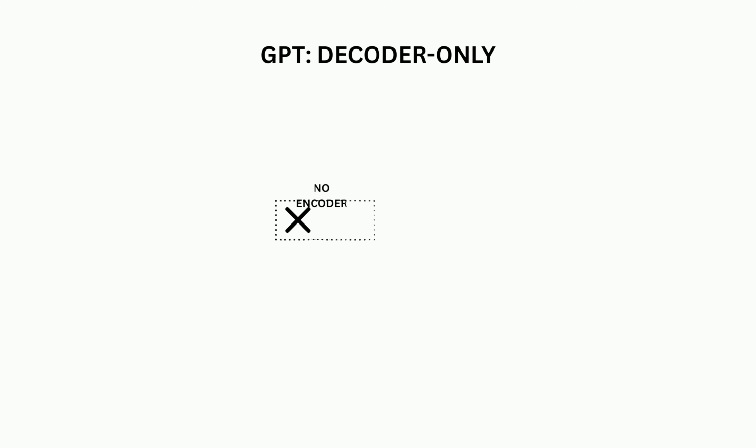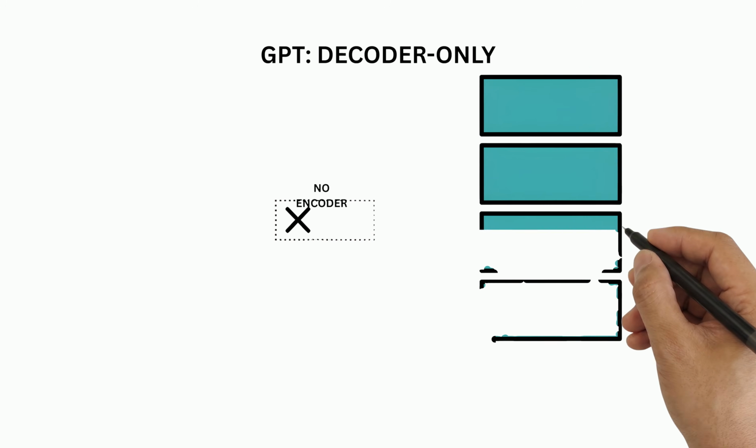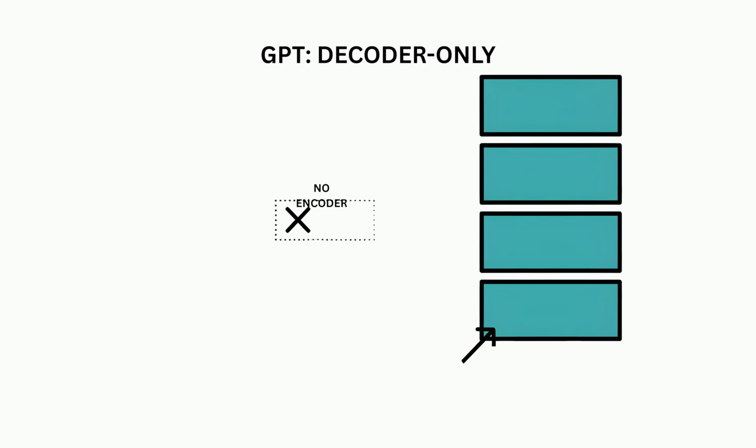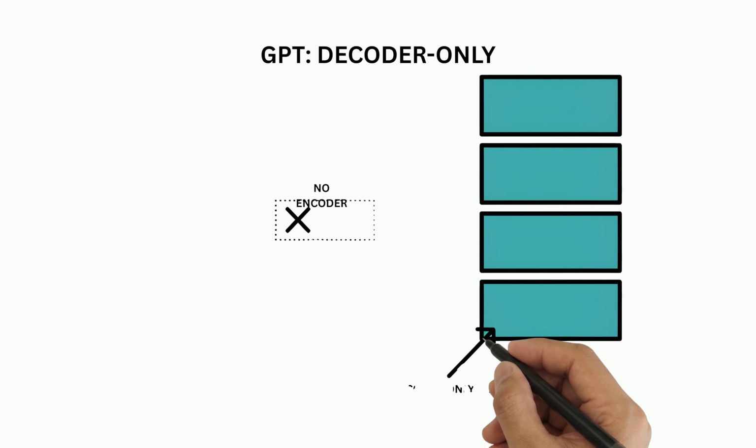GPT, which stands for Generative Pre-trained Transformer, takes a simpler path. It drops the encoder half entirely and uses only a stack of decoder blocks. There's no separate input sentence to encode. GPT just reads whatever text has come so far and predicts the next word, one at a time, using self-attention across everything that's already been generated.